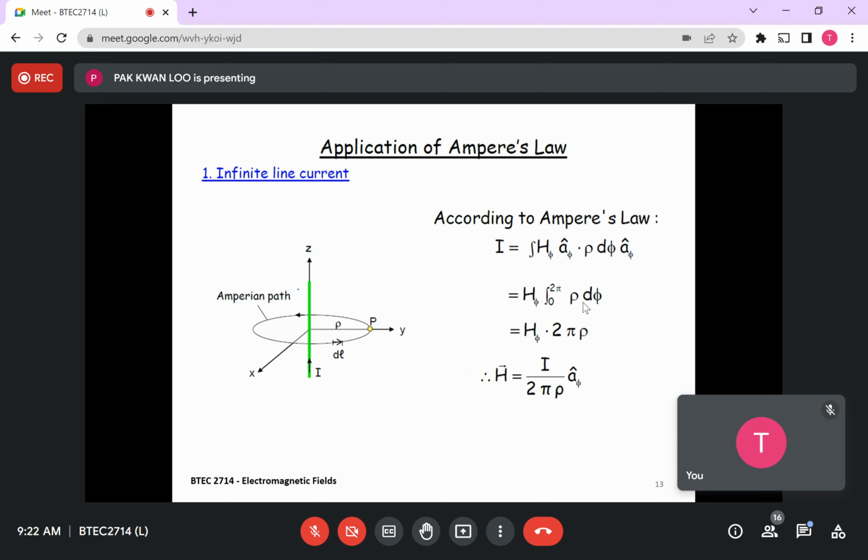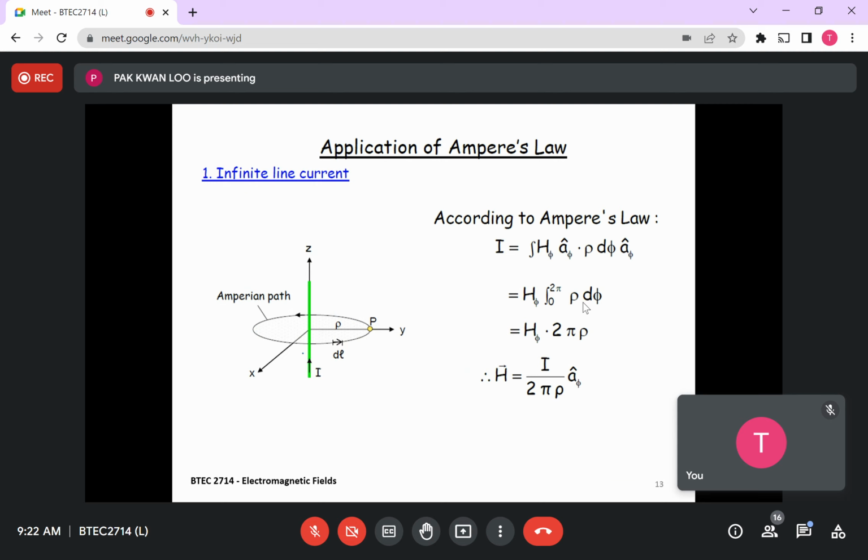So for current, which is a line current, we apply a circular path, which is similar to a cylindrical path.